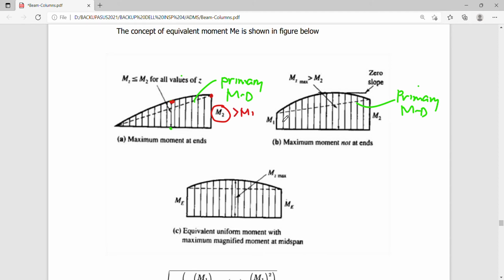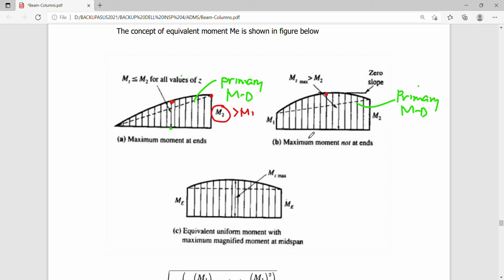But if the primary moment diagram is not as steep as this first condition here, the tendency for the midspan moment, which is based on this secondary moment curve, will exceed the bigger moment M2.